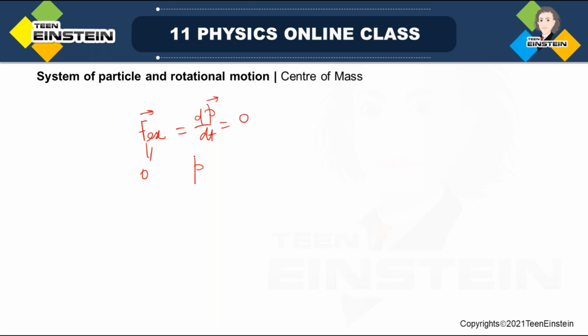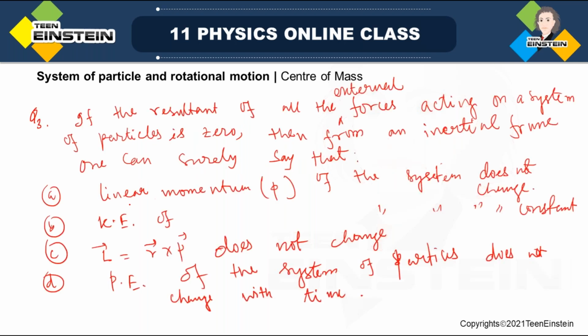If this is zero, then P is going to be constant. Linear momentum is conserved if all the external forces on the particles are zero. So this is how we arrive at the conclusion that the linear momentum of the system of particles does not change.